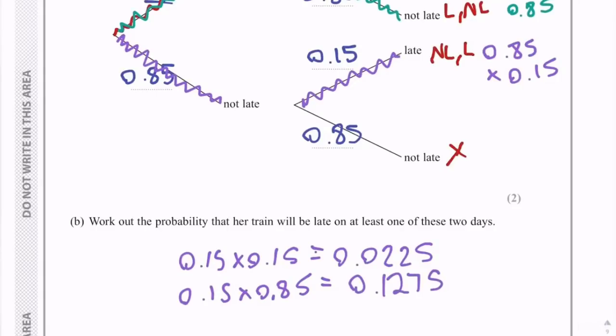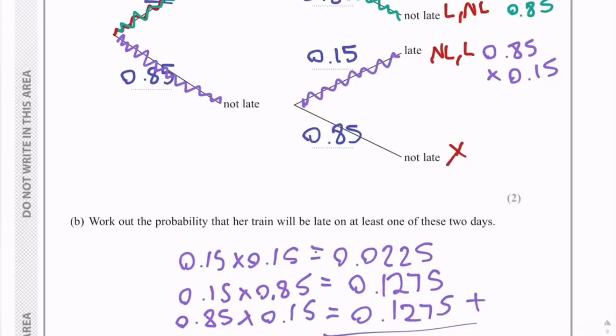And the final part of the tree there, which was the same just in reverse, 0.85 times 0.15, is going to equal the same, 0.1275. Okay, so we just need to add those all up. Add 0.0225, and that equals in total 0.2775. It doesn't say to round it or anything, so we're not going to round that, we're just going to leave it exactly as it is, 0.2775.